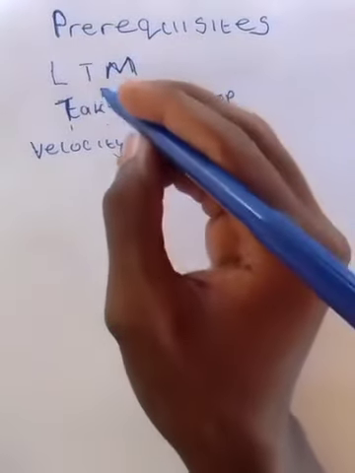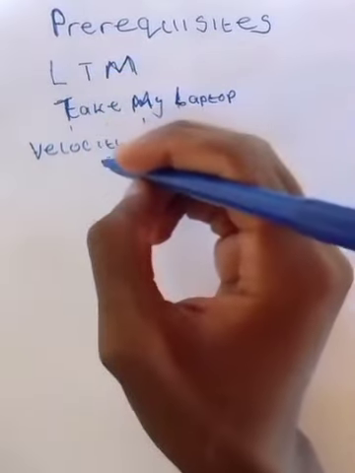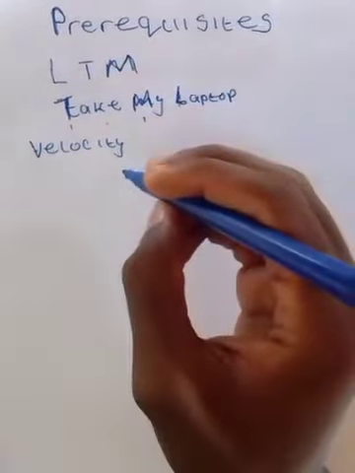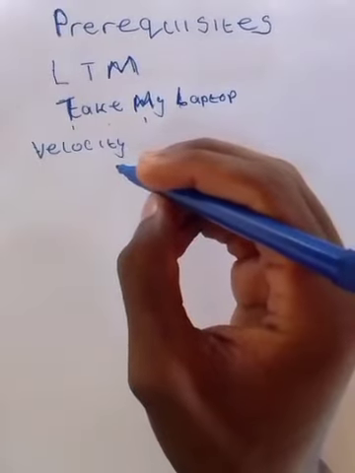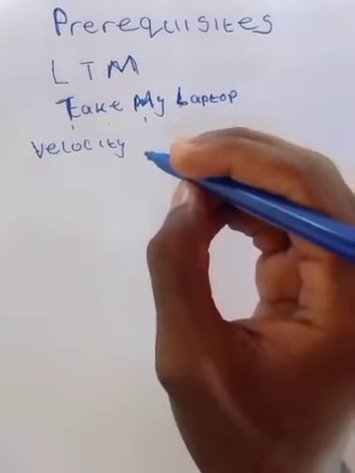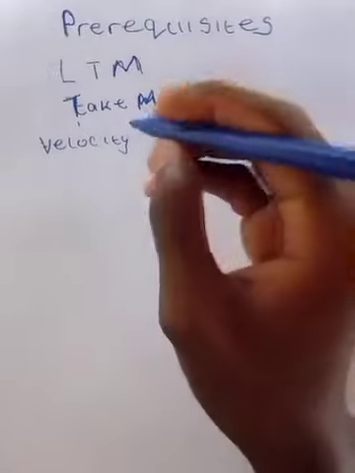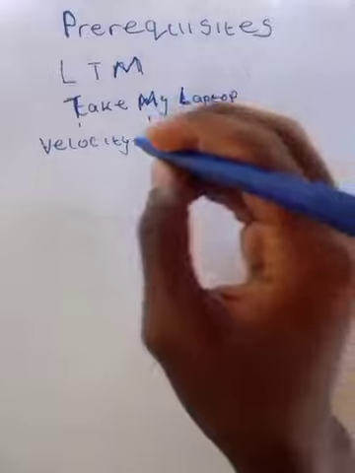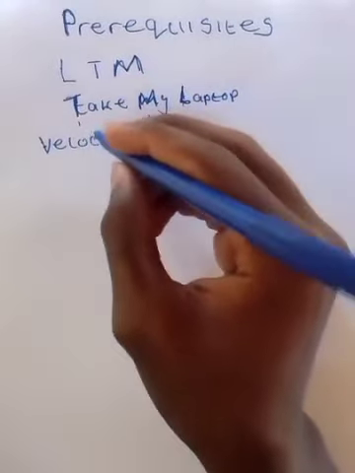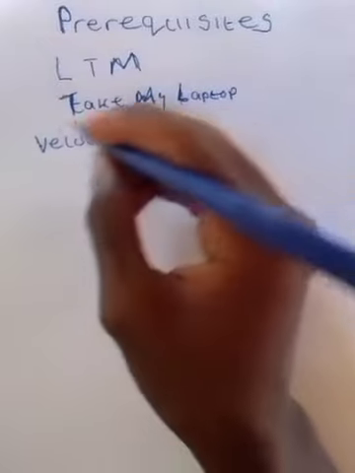The dimensions are derived from the SI unit of the quantity you're dealing with, so it's very important to be able to recall the SI unit, because once you can recall it, you can easily come up with the dimension. The easiest way to come up with the SI unit is to use the formula. If you're struggling to remember the SI unit, you can derive it, then convert to dimensional form.